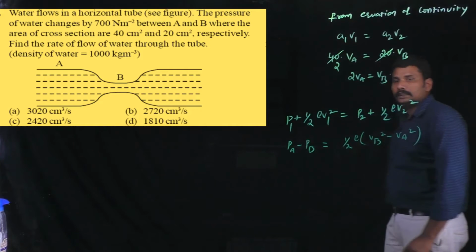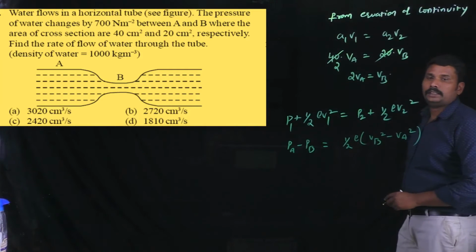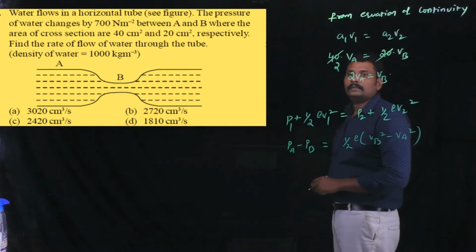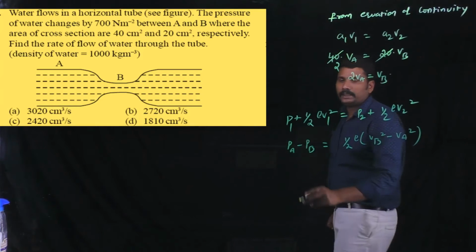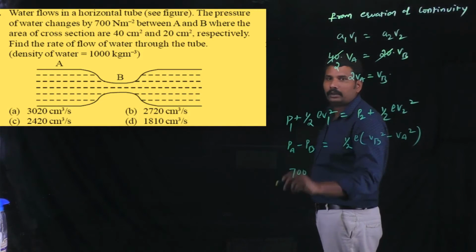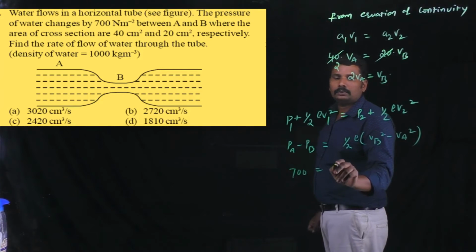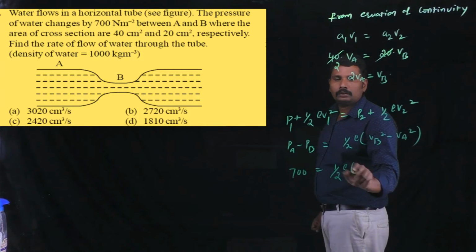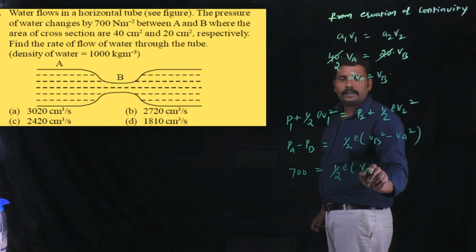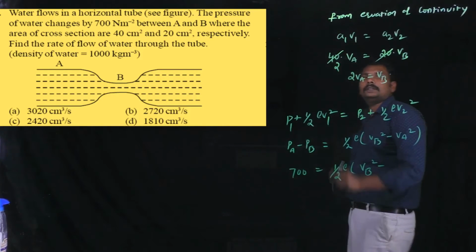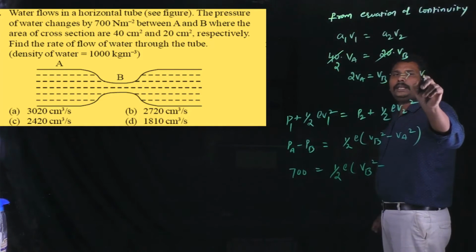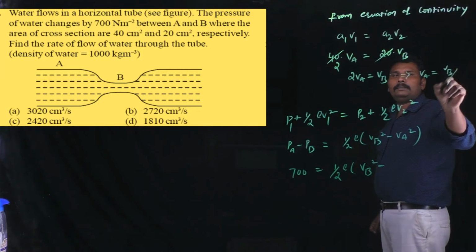Here PA minus PB is the difference in pressure. In the question the pressure changes by 700. It is 700 equals half rho into VB square minus VA square. From this, the value of VA is VB by 2.